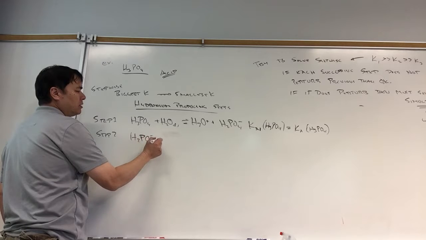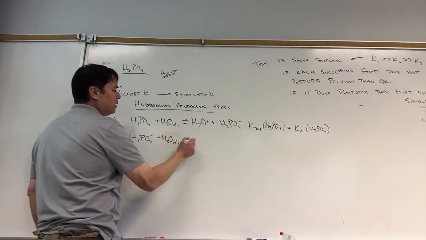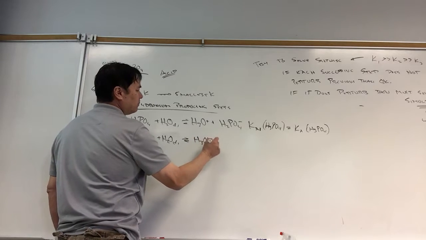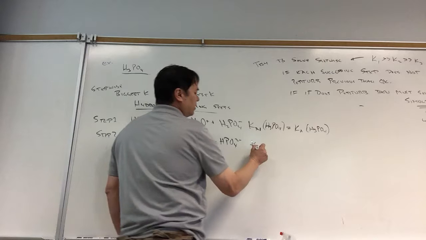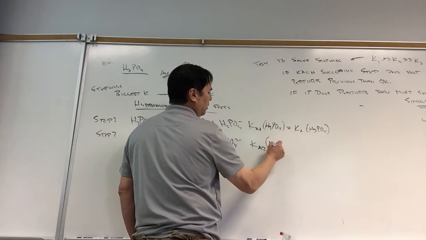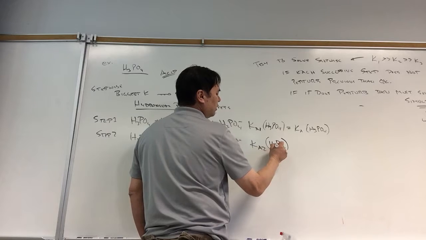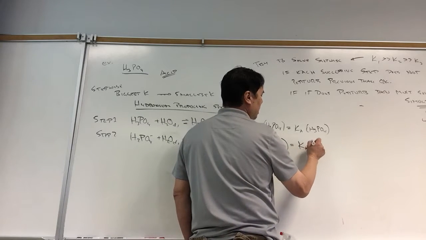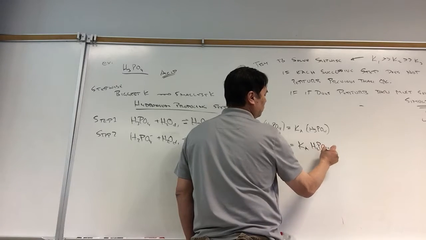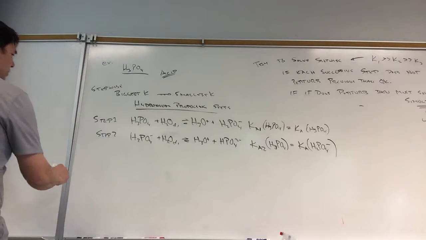All three protons do not break off at the same time. We have to have a collision to break each one off. This generates hydronium plus monohydrogen phosphate. We call this Ka2 for phosphoric acid, the second step in the hydrolysis, or Ka for the dihydrogen phosphate ion. They're both the same thing.